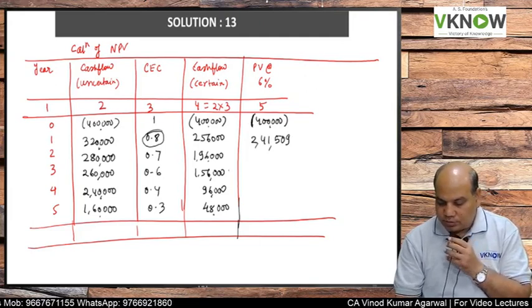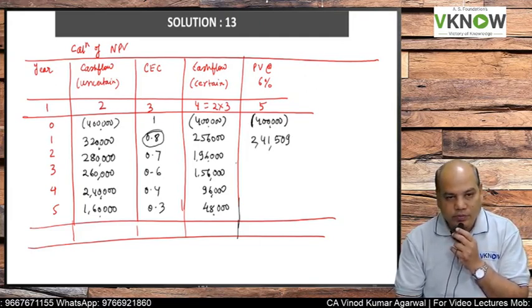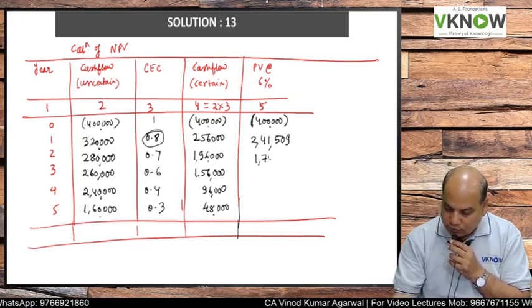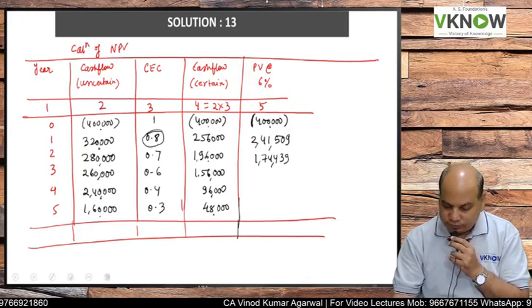Okay, memory plus. 1,96,000 divided by 1.06, 2 times equal to. 174,439. Memory plus.